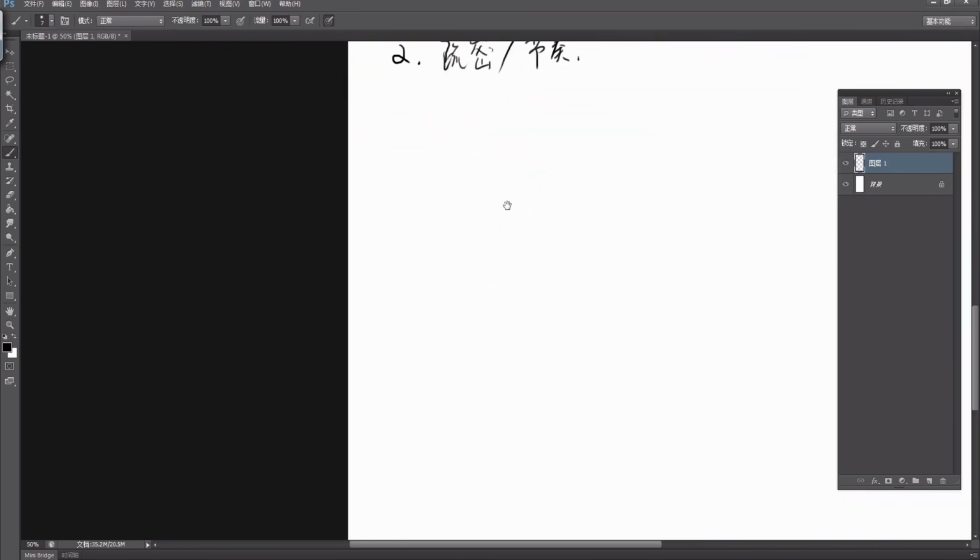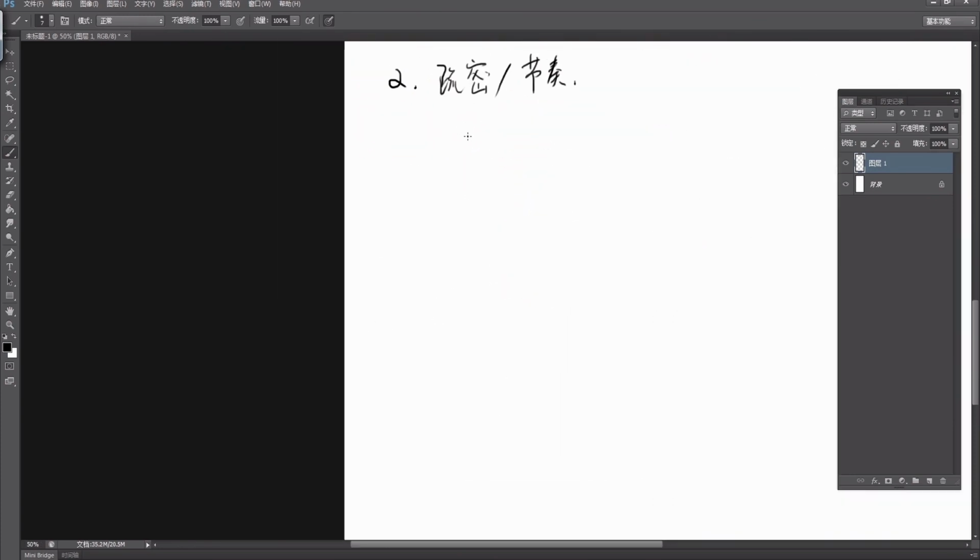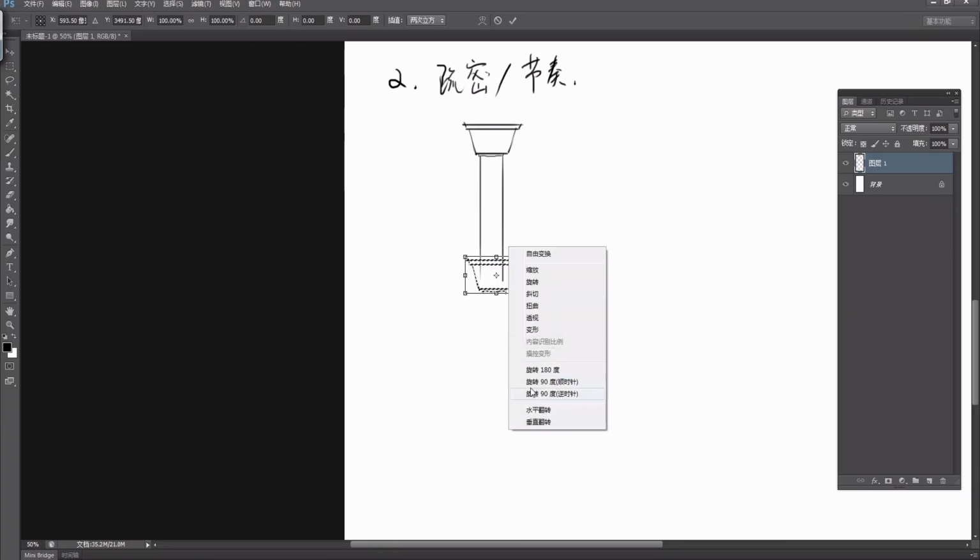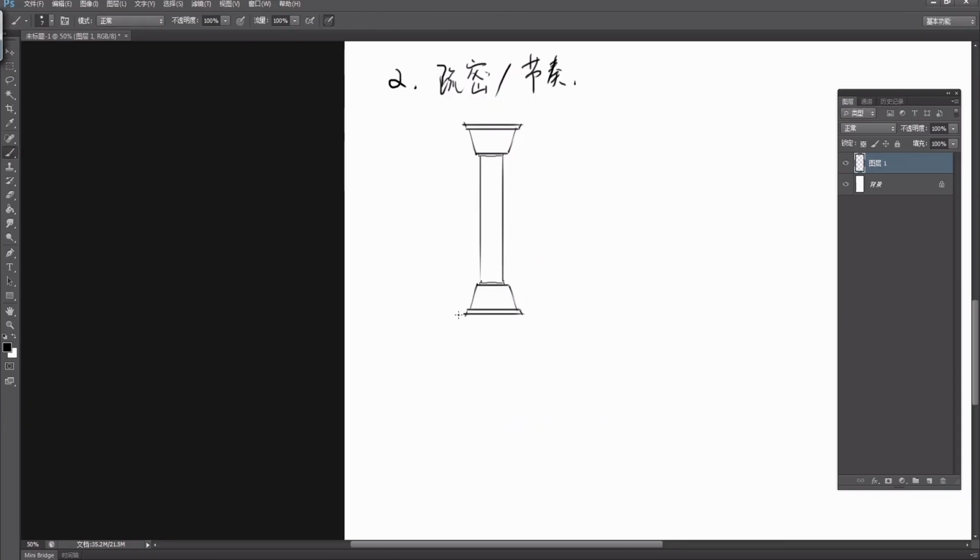Next, I'll exemplify with a scene prop. What do sparseness, denseness and rhythm mean in design? I'll build a pillar here, a structure connecting the sky and the earth.